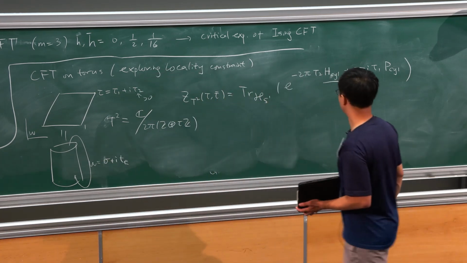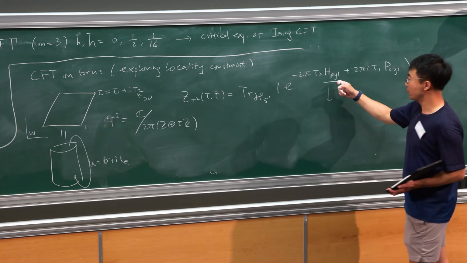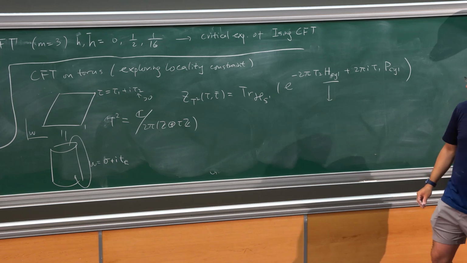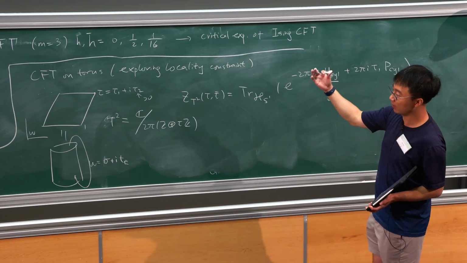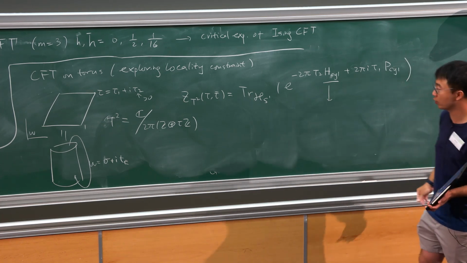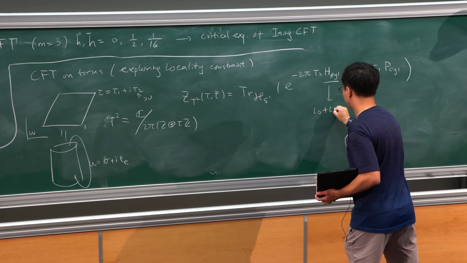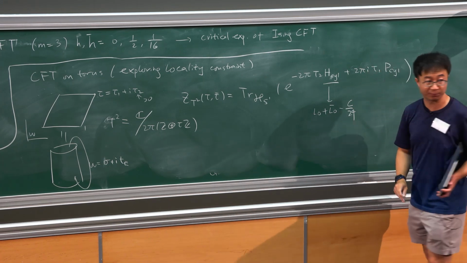And this is where, related to what Max asked before, this is different from the L0 plus L0 bar, the dilatation operator on the plane, precisely because this conformal transformation acts on the stress energy tensor, which is not a Virasoro primary, so it has an additional contribution coming from the Schwarzian. And as a consequence, this is equal to L0 plus L0 bar with an additional shift that's coming from the central term.